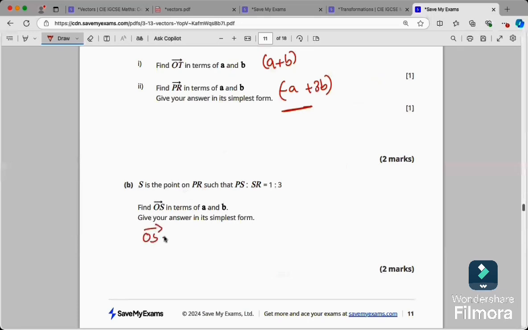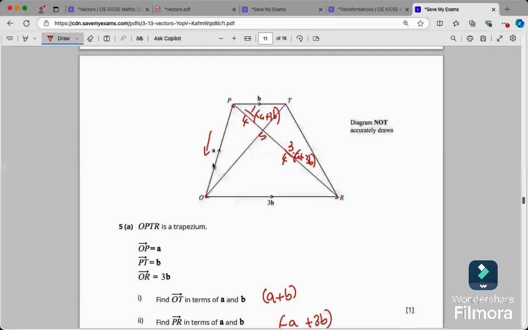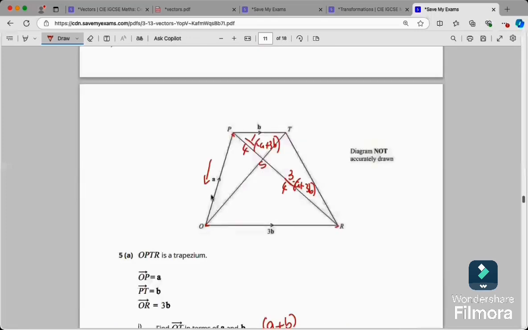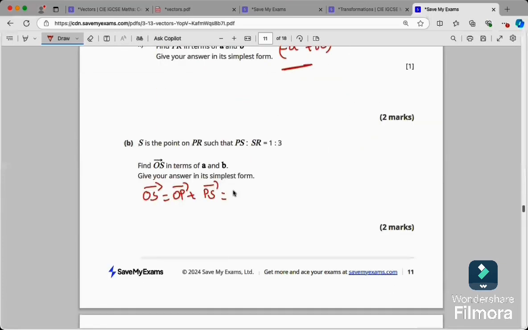Okay, so OS is equal to, we can take it as O to P and P to S. So O to P, which is already given as A, and it is in the same direction, and P to S is 1 by 4 of PR. So we can write it as A plus 1 by 4 of PR, isn't it?